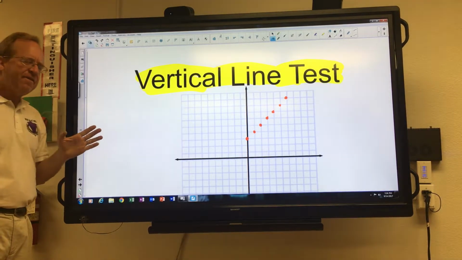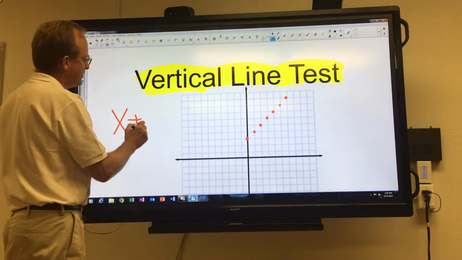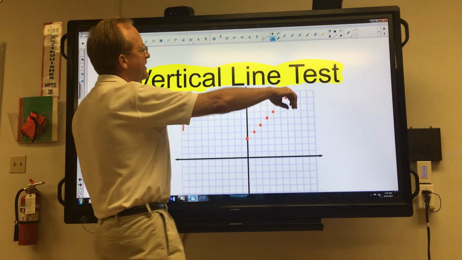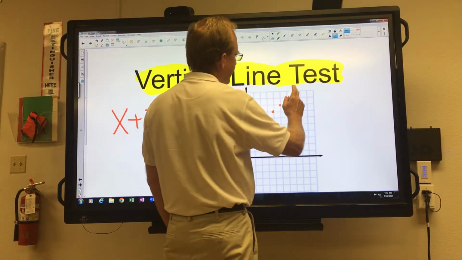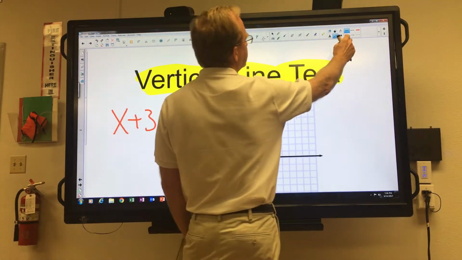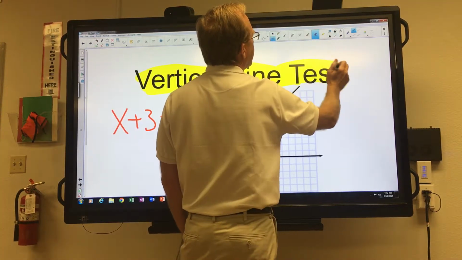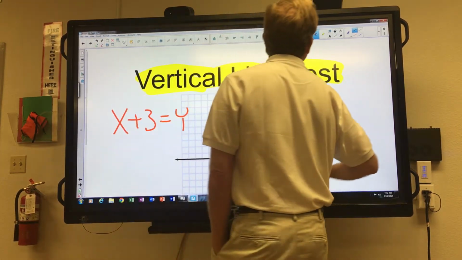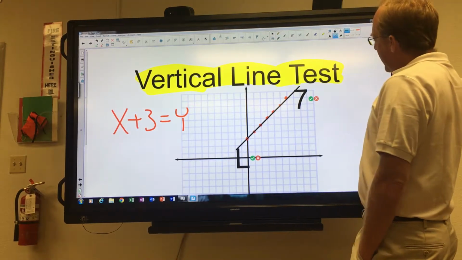Now, when you graph a function, if we were to graph x plus 3 equals y, there's something interesting about it. When you graph it, let's go ahead and connect the dots here. And you take a vertical line to that graph.